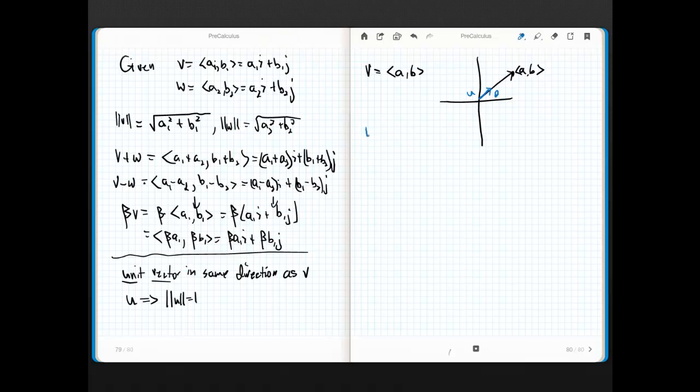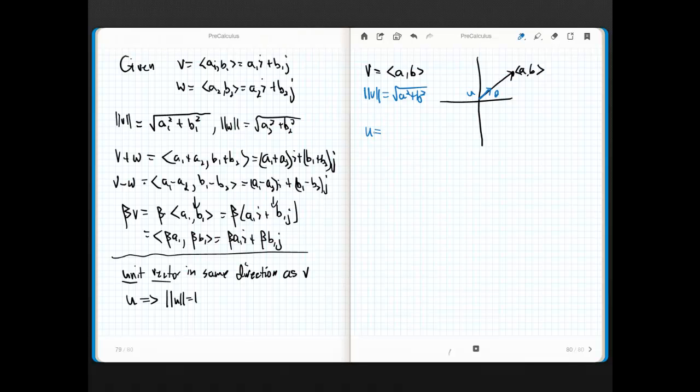If I want a unit vector in exactly the same direction as v, all I do is multiply it through by a scalar, and the scalar is related to the magnitude of v. Remember, the magnitude of v in this case is the square root of a squared plus b squared, just the fancy old Pythagorean theorem, right?